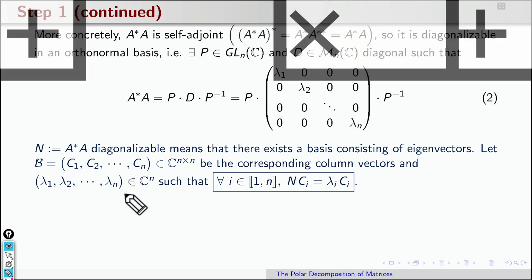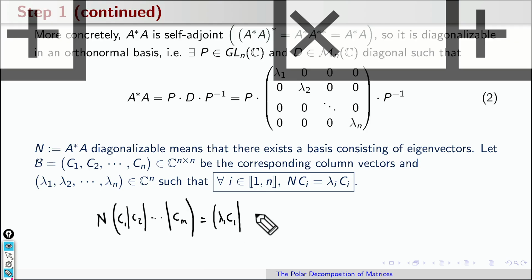If I put those vectors as a column of a matrix, so first column here, second column here, third column here, nth column here, I can write all of this equality as an equality of matrix. So every time it just multiplies the vector by a scalar, so lambda 2 C2, and so on, lambda n Cn.